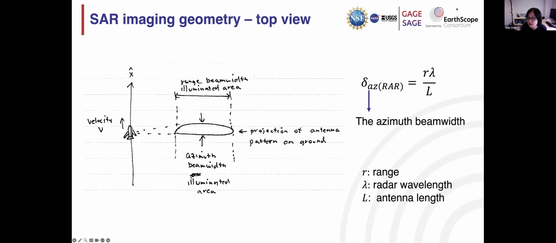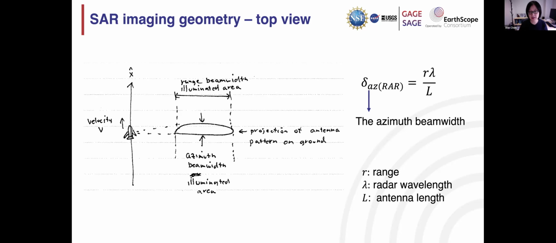Based on the imaging geometry, we can know the length of this radar footprint on the ground is R, the range of that target, times lambda, the radar wavelength, divided by L, where L is the length of the radar antenna.